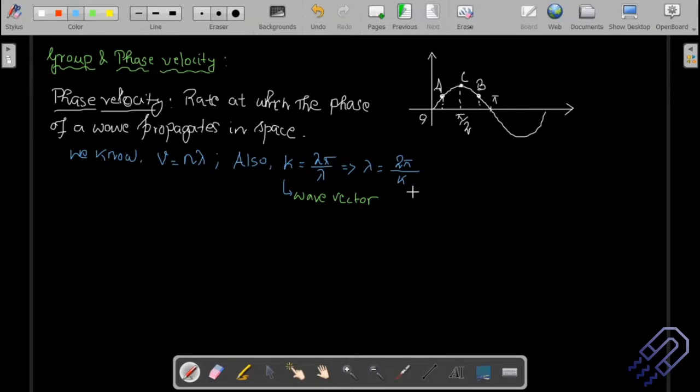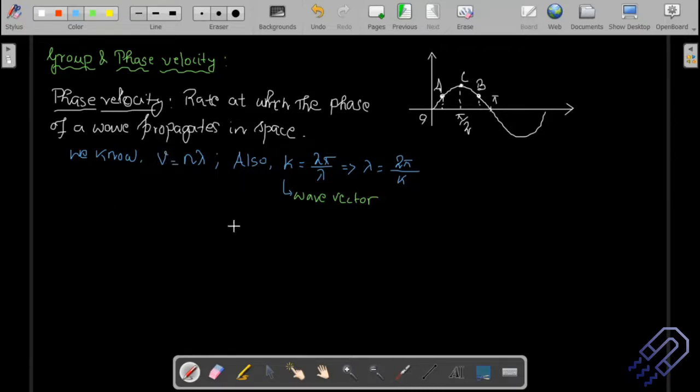That's important. So this lambda is equal to 2 pi divided by k, and what we can do is replace it here.